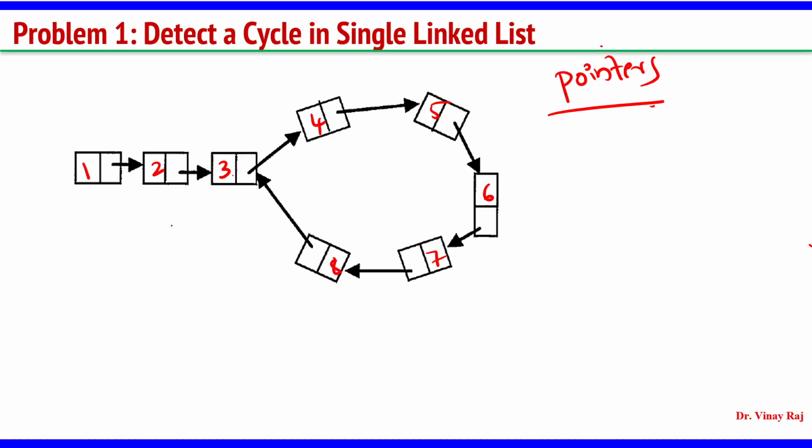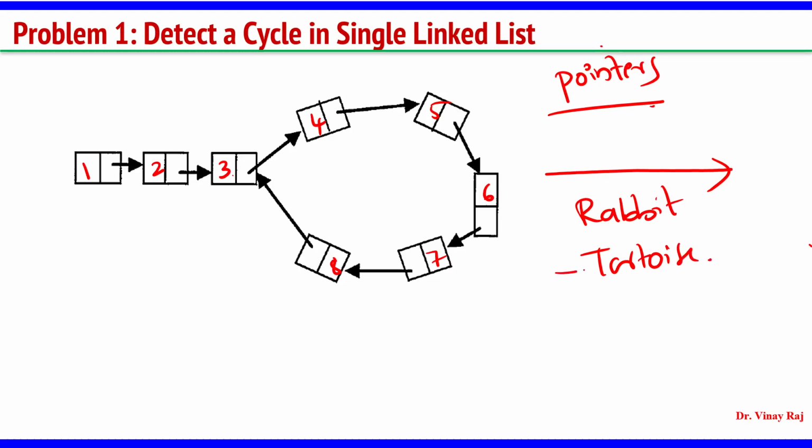We have to create two temporary pointers. I think you are aware of the small game of tortoise and rabbit. They will be running a race, and ultimately we know that the tortoise wins because the rabbit stops at some point.